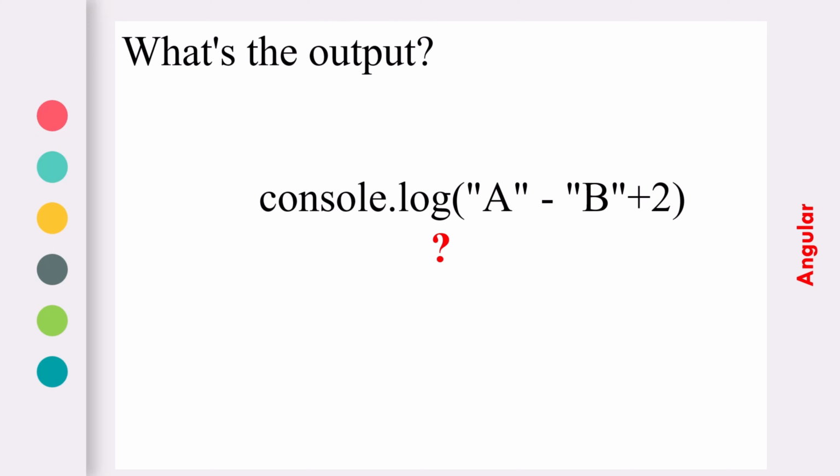So we have NaN, and we are trying to add number 2 to this not a number. That results in not a number, the whole thing. So the output will be NaN. Anything we add to a NaN becomes NaN.